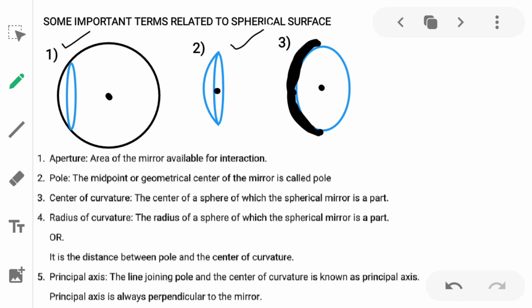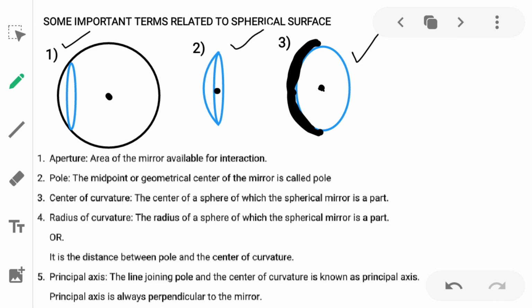The third point is center of curvature. For the pole of the mirror, you can refer to the third diagram. The dot you can see in the third diagram is the pole of the mirror. For center of curvature, refer again to the first diagram.